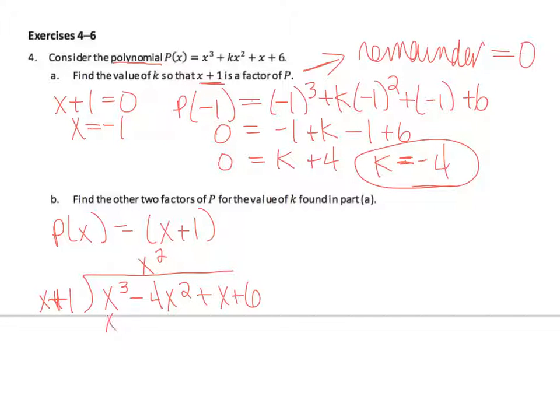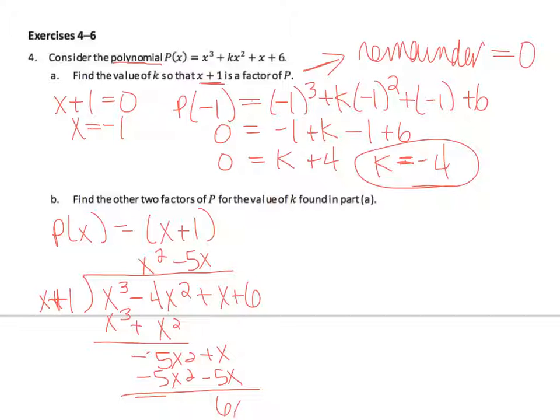X squared plus x squared, subtract, I get 5x squared, so minus 5x, negative 5x squared, oh I forgot to carry down my x, minus 5x gives me plus 6, x plus 6, which is good. I need no remainders.